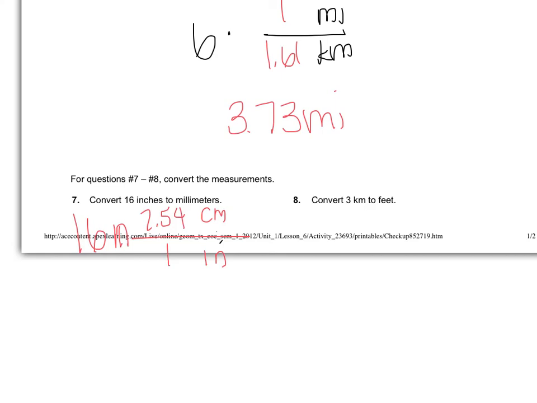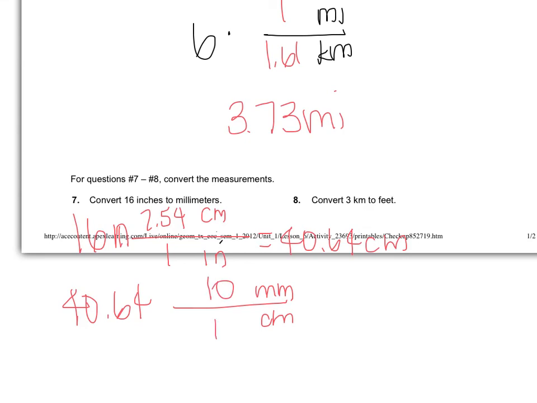So I'm going to multiply 2.54 times 16 and divide that by 1. And I'm going to get 40.64 centimeters. Now I have to take my centimeters and convert that into millimeters. And as we learned earlier, there are 10 millimeters in 1 centimeter. So we're going to multiply and we get 406.4.